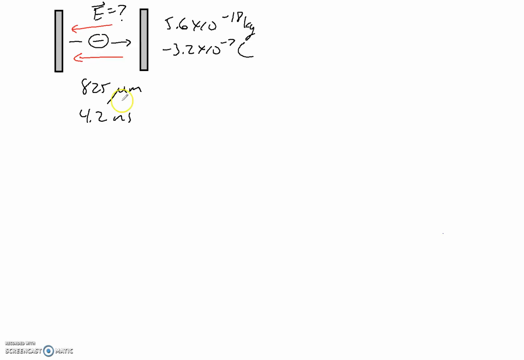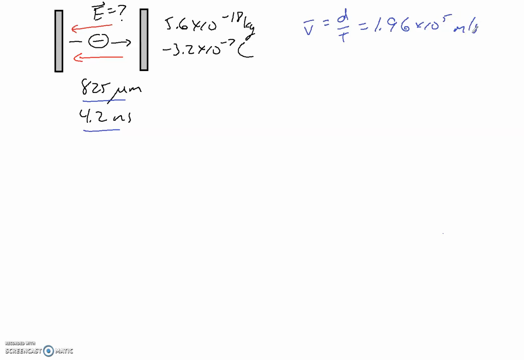First of all, I've got distance and time, and distance and time will give me my average v. So be careful with the prefixes. You've got the negative 6 with the micro, you've got the negative 9 with the nano. We'll divide those two out, and we can get the average speed of our charge, which should be around 1.96 times 10 to the 5 meters per second.